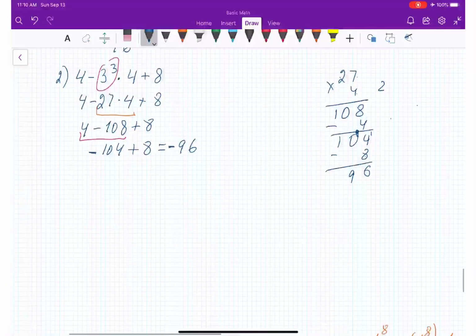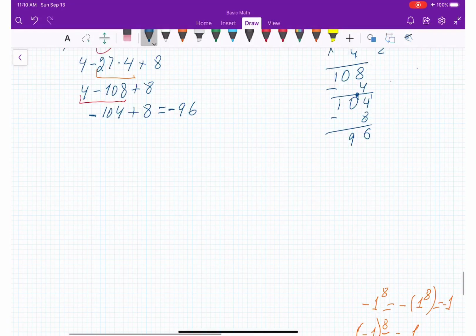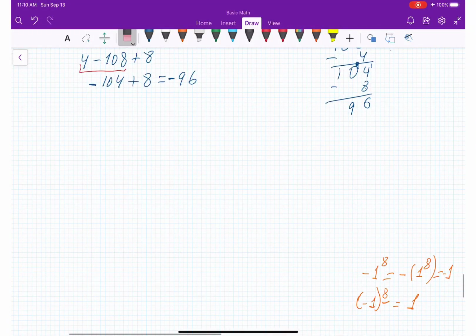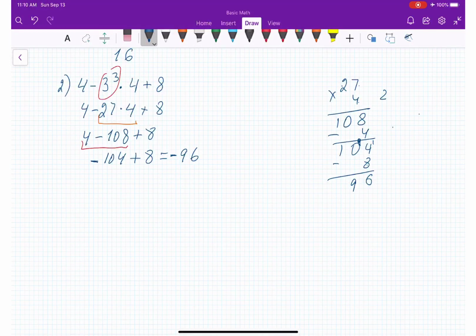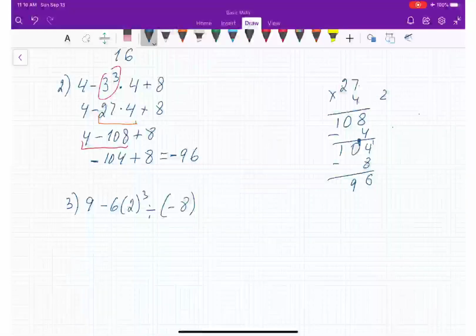Question number 3. 9 minus 6 times 2 to power 3 divided by negative 8.